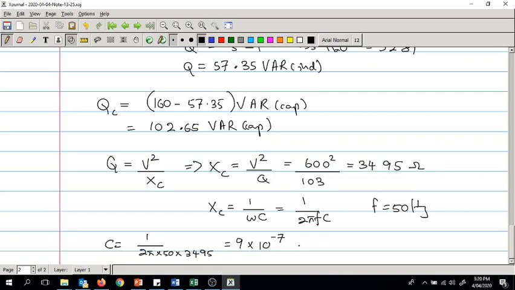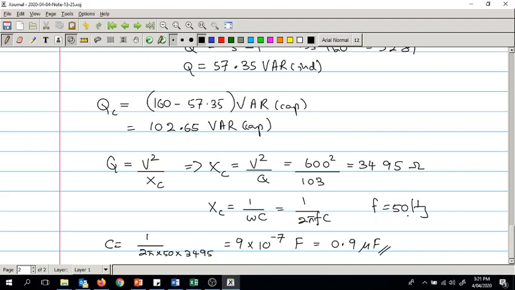In microfarads, that is 0.9 microfarads. So you need a 0.9 microfarad capacitor, approximately 1 microfarad, to achieve this, right?